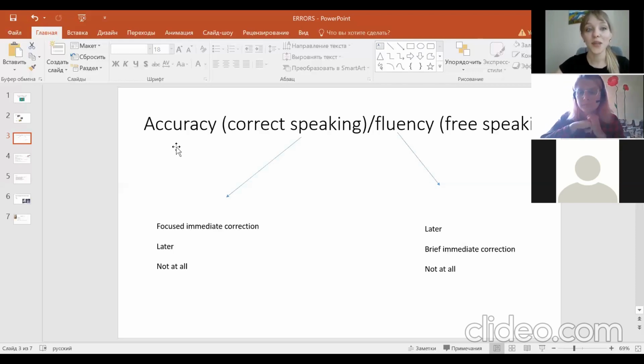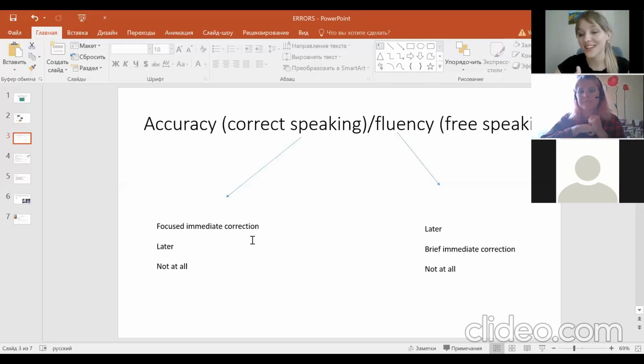And if we talk about accuracy, we want to focus on accuracy, we want our student to speak correctly. We just studied it, so we want it right now to be correct. And as you said, we should correct it. We can do focused, immediate correction. For example, we just studied present perfect and the student says, oh, she has wrote.